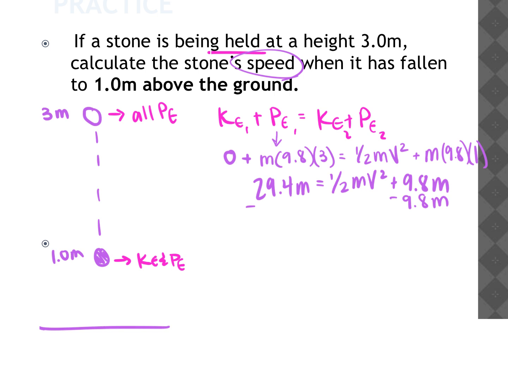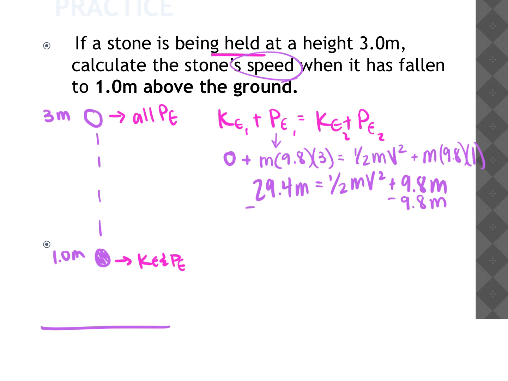We're going to subtract that to the other side. Okay. 19.6. 19.6 m equals 1/2 mv squared.